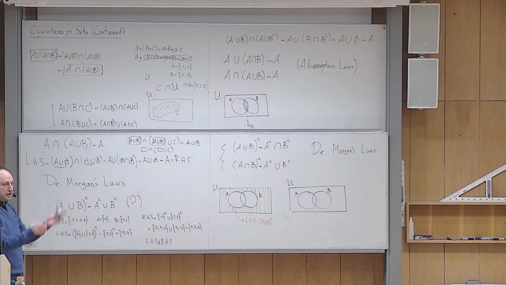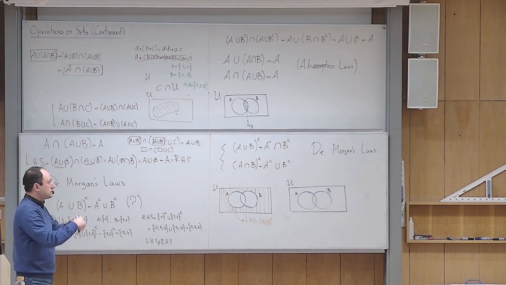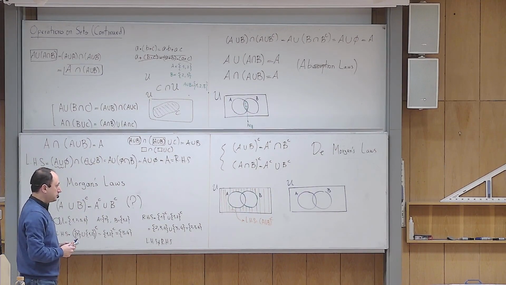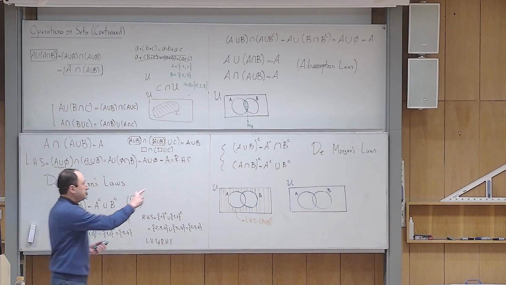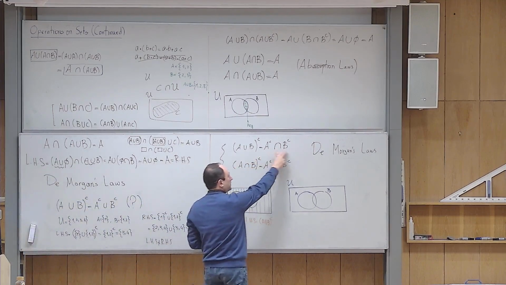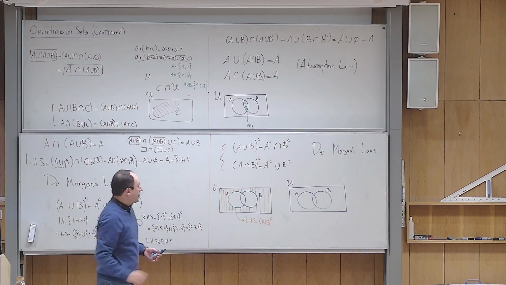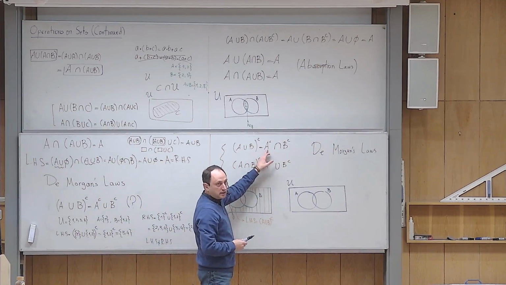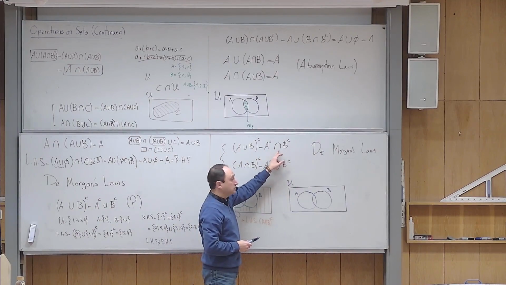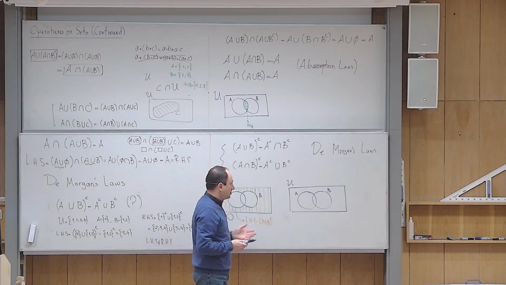Yes, so I found A union B, and then I looked outside that region. But now for this one, it is a little bit more complicated. I don't know how to draw it. So I have to find A complement and B complement and then intersect them. Yeah, it is a little bit messy, but hopefully you understand at the end of the day.